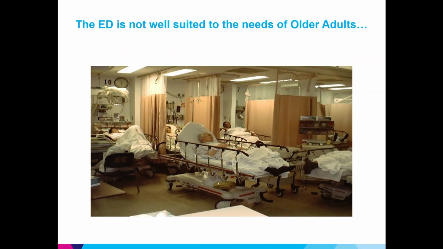The emergency department, in many ways, is viewed as not well suited for the needs of our older adults. There has been an increasing trend to change the way in which care is provided for our older adults.